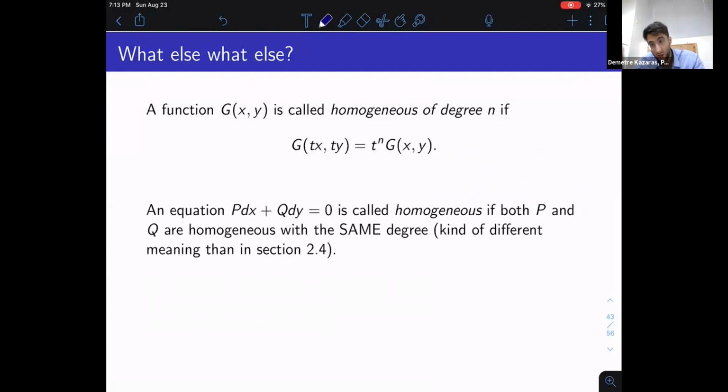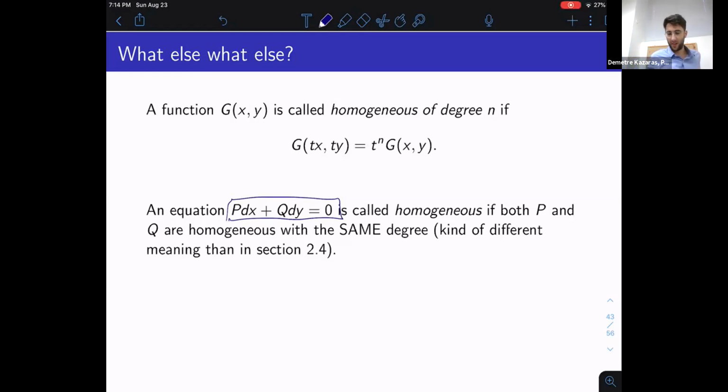Now, a differential equation is said to be homogeneous if it looks like this, P dx plus Q dy, like we've been studying, and both P and Q are homogeneous of the same degree.